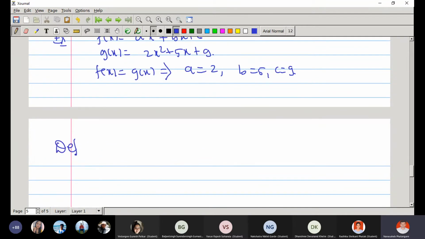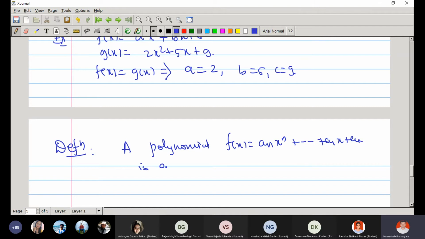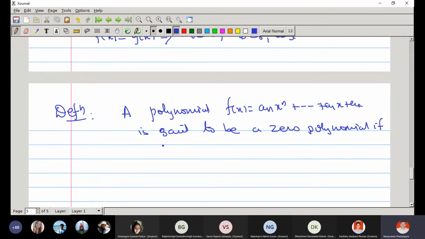Zero polynomial. A polynomial f(x) is said to be a zero polynomial if a0 is equal to 0, a1 is equal to 0, a2 is equal to 0, that is, if all its coefficients are 0.